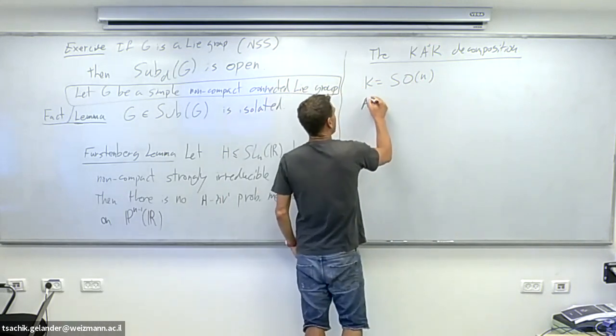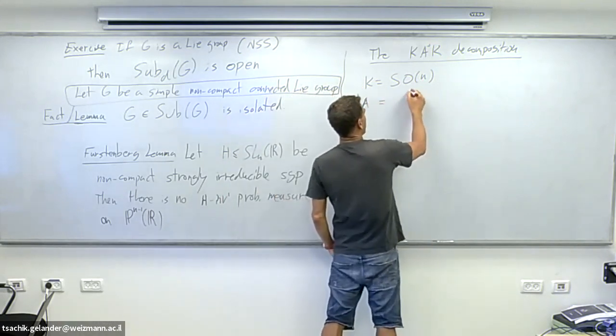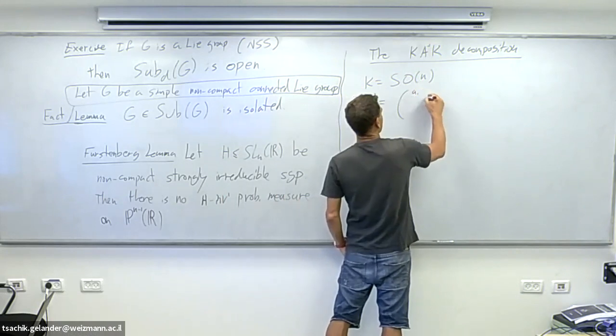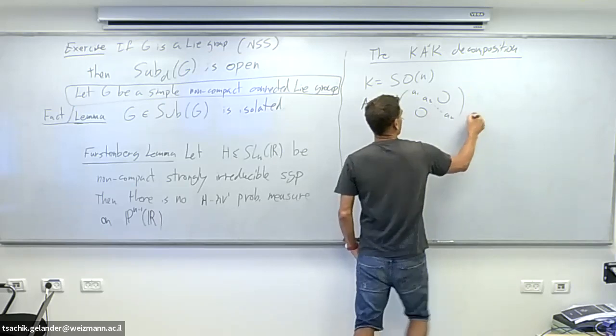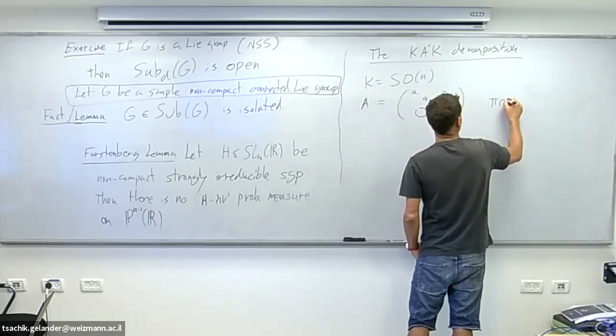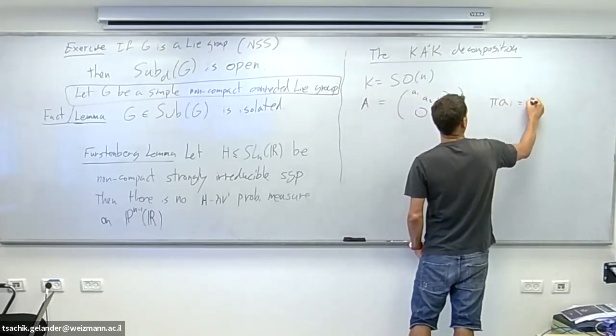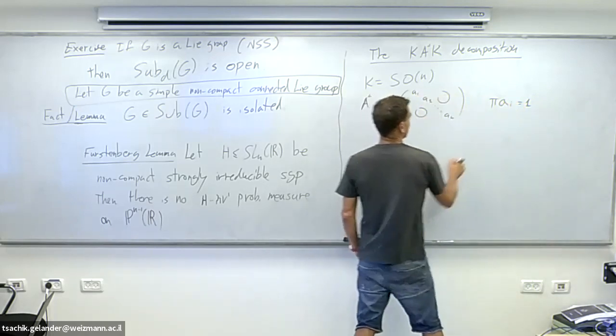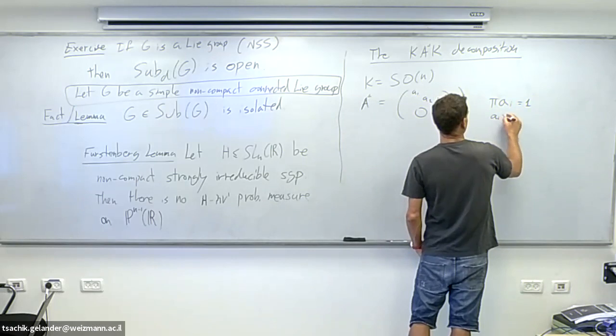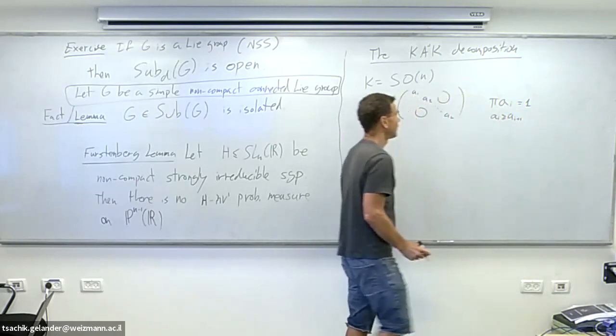A is the diagonal group. A plus is the diagonal group under the condition with a_i positive.